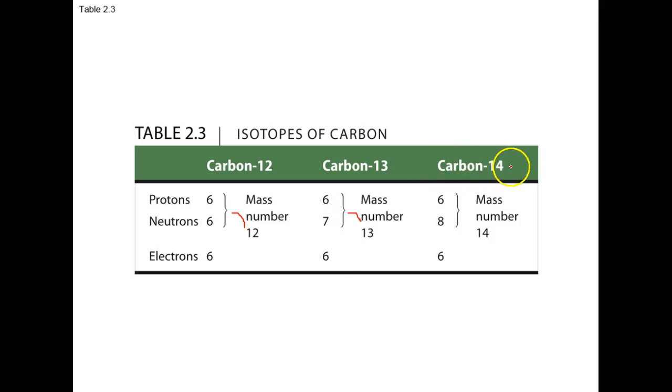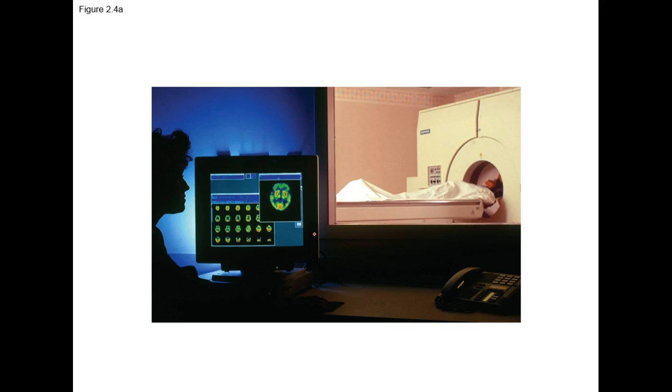And carbon-14, which gets used in carbon dating a lot, which we'll talk about eventually, has 8 neutrons, giving it a mass number of 14. But in all of them, the electrons are the same. They still have 6 electrons, because that is what deals with reactivity, what makes it reactive. So they react the same.